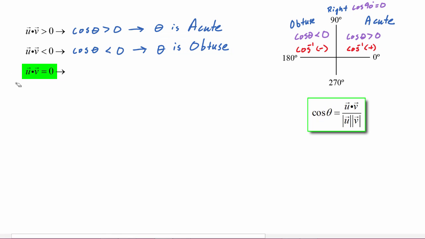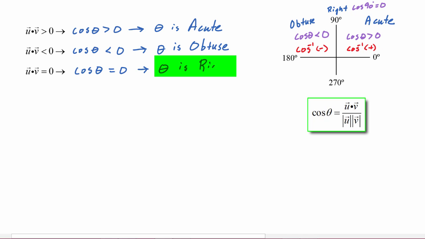And if the dot product is equal to 0, that means cosine theta is equal to 0. And we know when cosine is equal to 0, that's a right angle between the two vectors. So theta is right.